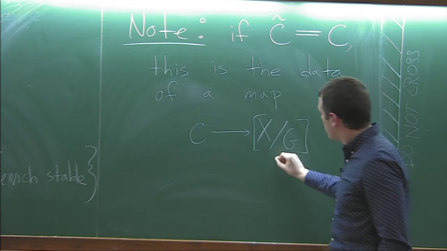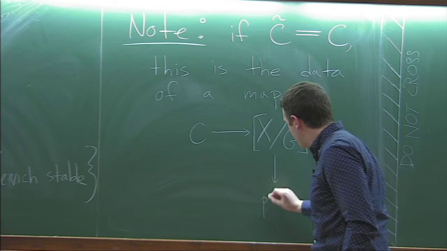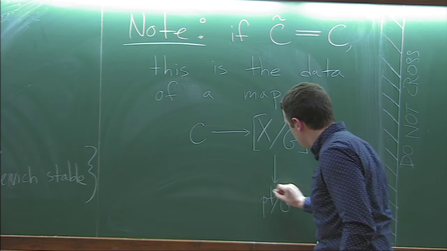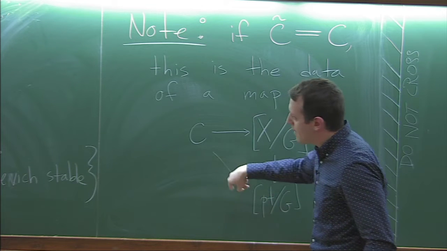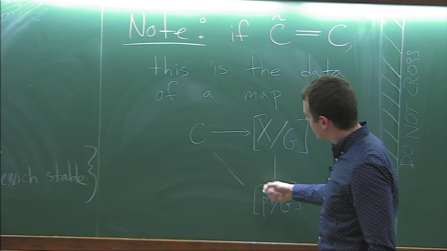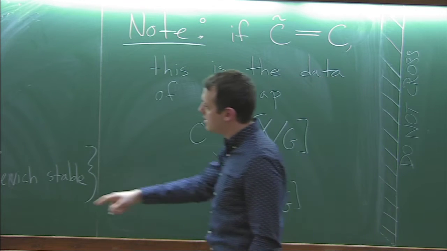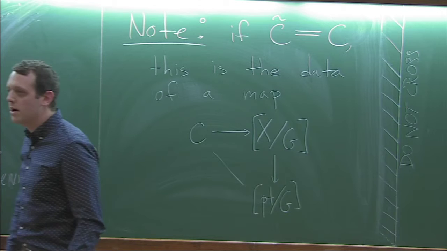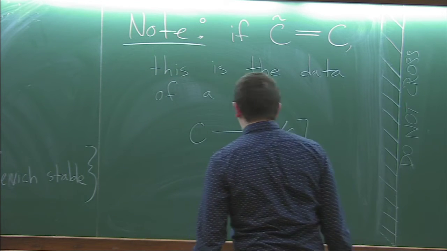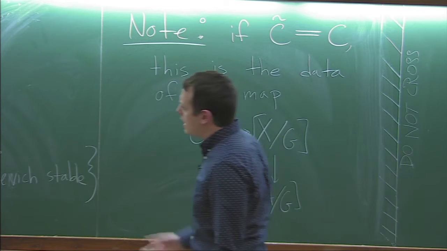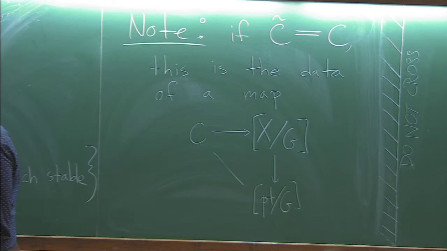In other words, there's a map to BG, to point mod G, this map is the G bundle, and then the information for how to lift from the G bundle to a map to this quotient stack is precisely the data of a section of this associated bundle. So, yeah.